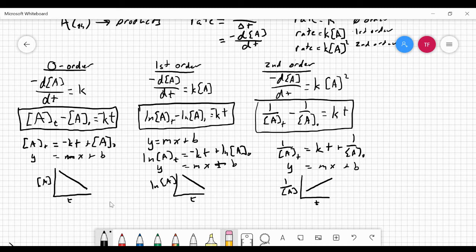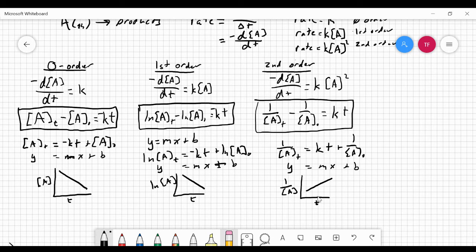A line graphing concentration versus time means it's zero order. A line graphing natural log of concentration of A versus t means that it's first order. And a line, if we graph the inverse of concentration of A versus time, means that it is second order. So that's a useful way to use graphical analysis to figure out what order a reaction is.